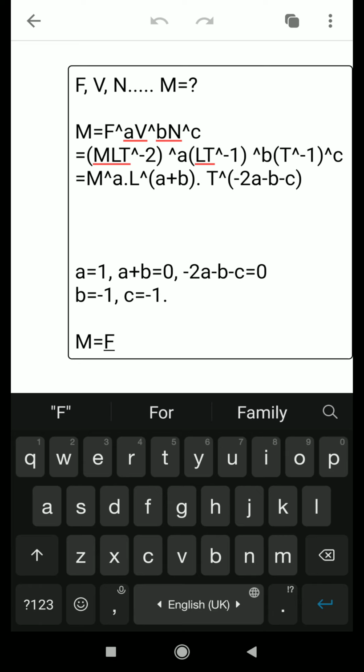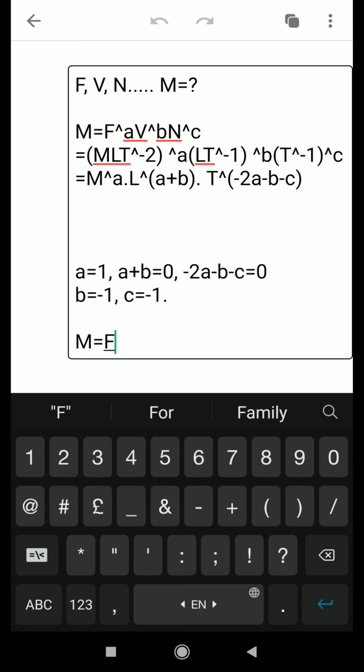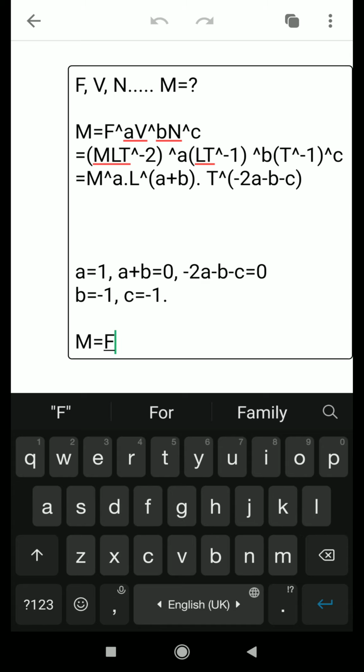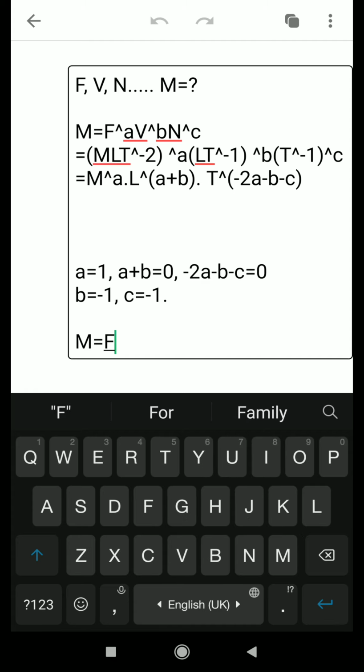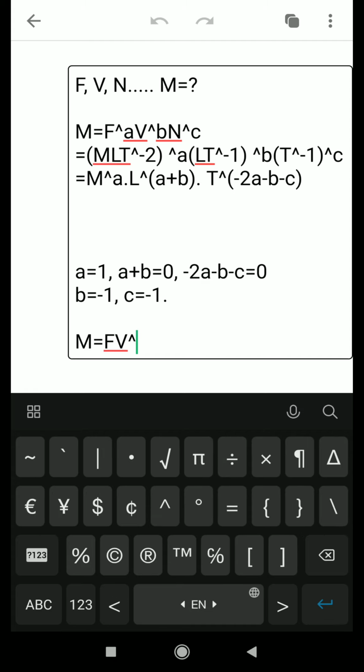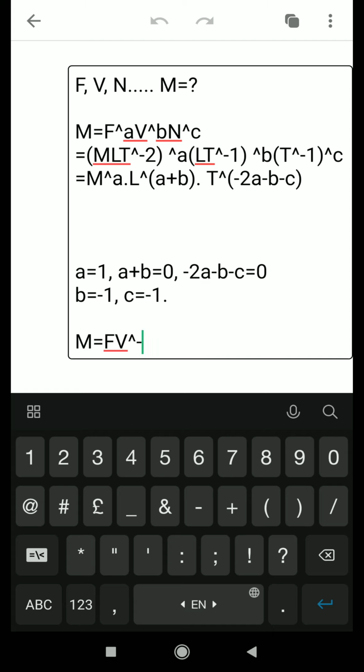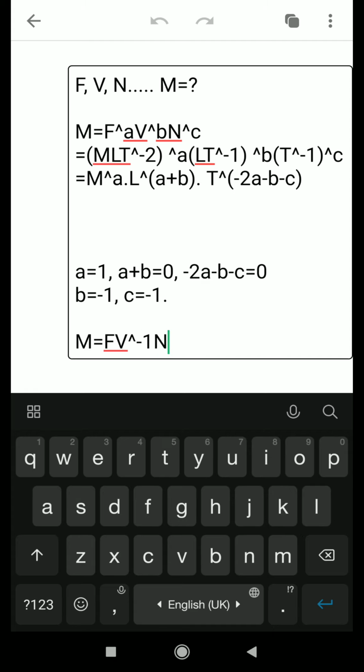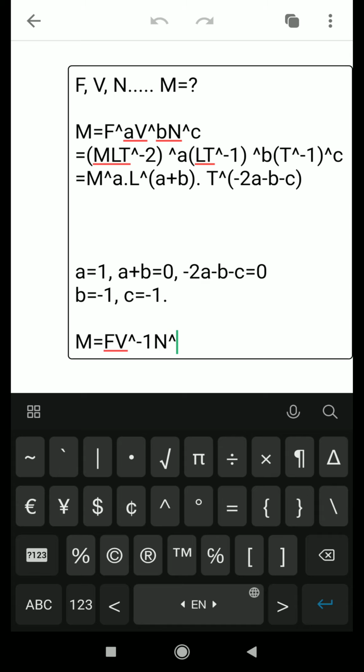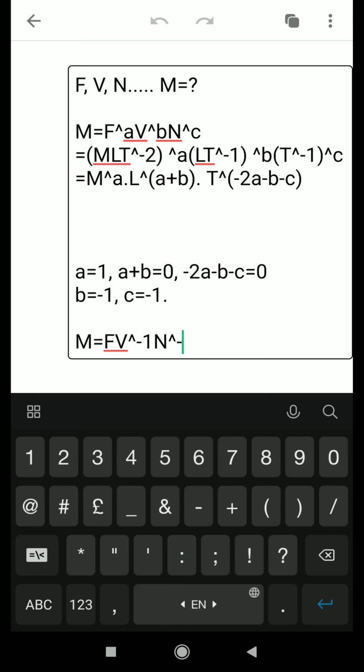So F by V into N. The dimension of mass is F V to the power minus 1 N to the power minus 1. That is the dimension of mass in this new measurement technique.